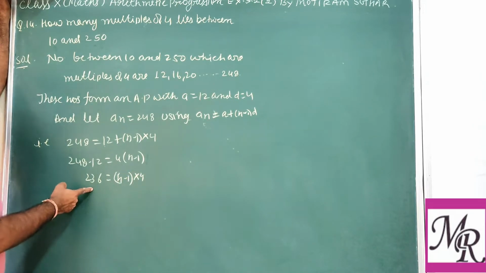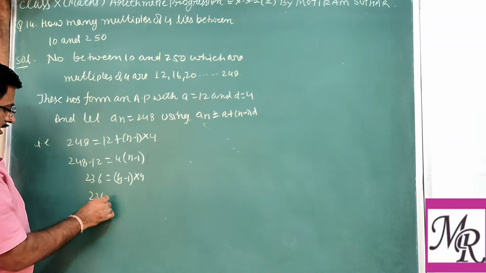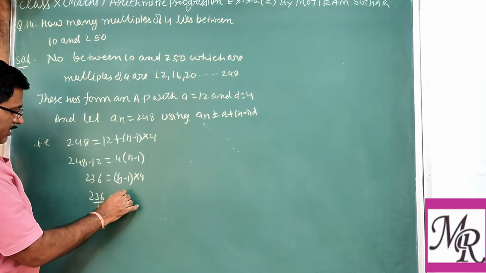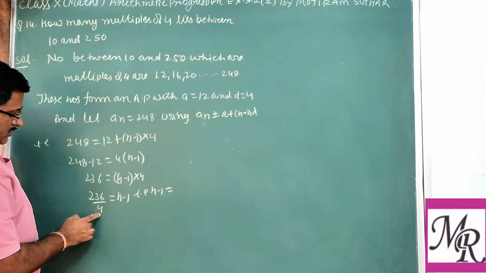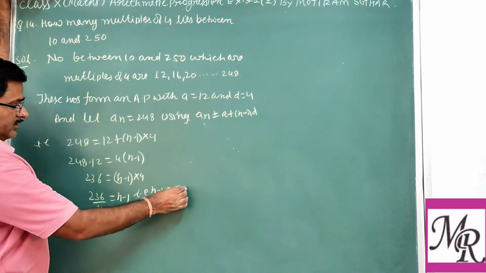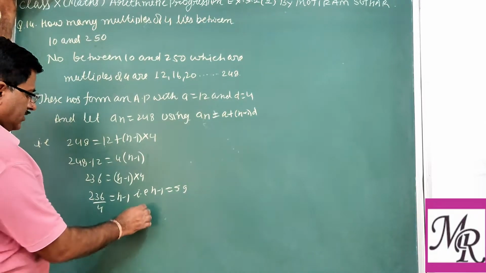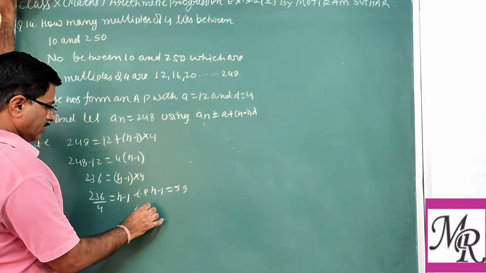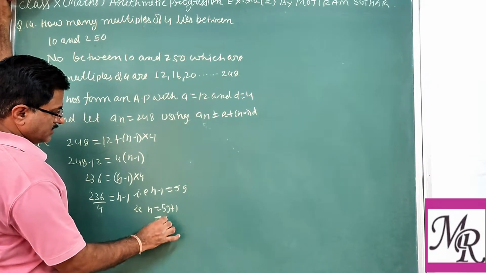Now this 4 will be transferred to this side. So 236 divided by 4 equals n minus 1. Dividing, we get 59. So n equals 59 plus 1, that is 60.